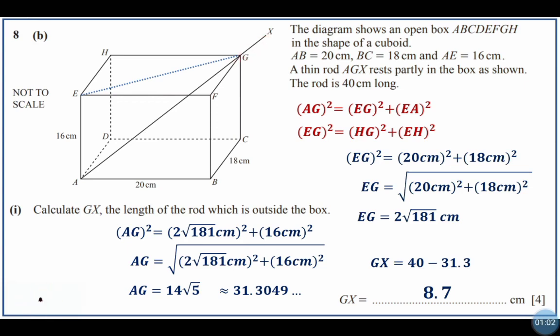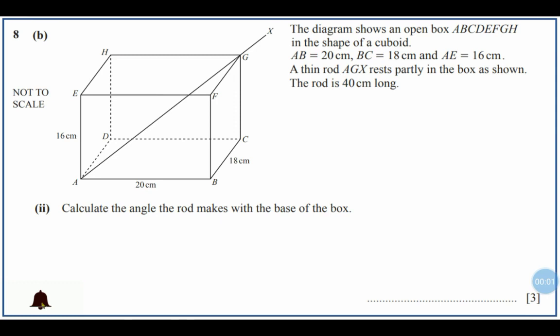Now let's move on to question number 2 of letter B. It says calculate the angle the rod makes with the base of the box. If you want to calculate the angle the rod makes with the base of the box, you have to show a line on the base of the box. We will show that as line AC.